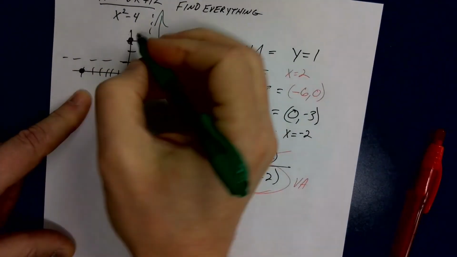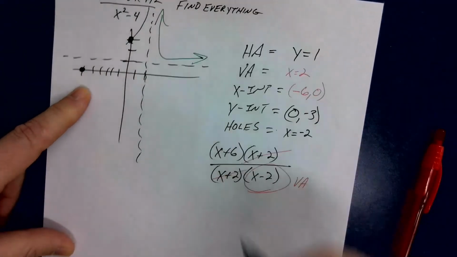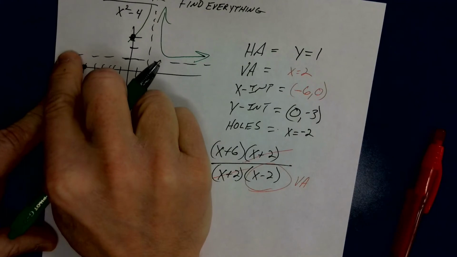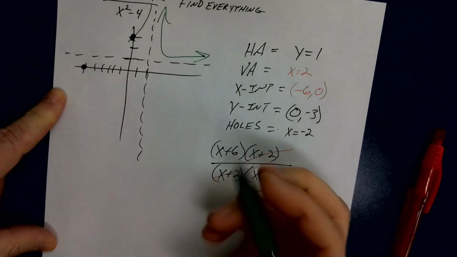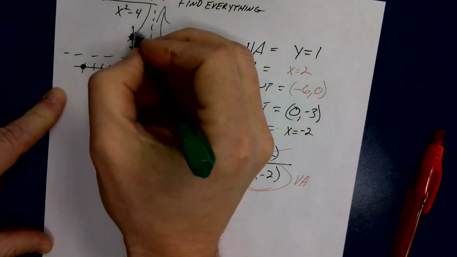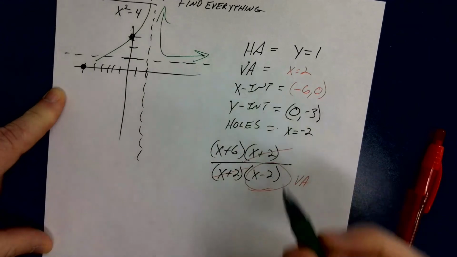And because it touches right there, the graph has to be up here coming down like this, because that's my y-intercept. However, we know that it touches here and then goes there, so it must be that it comes down here like this and goes through.